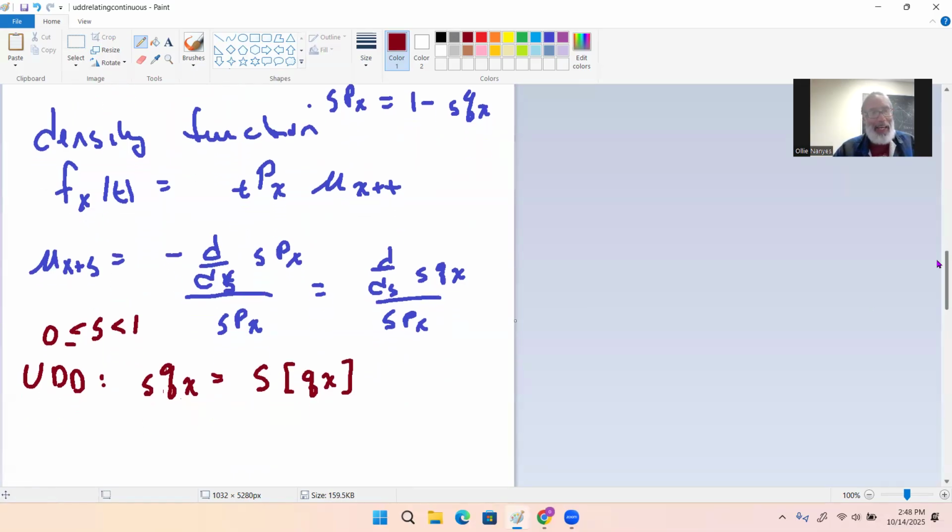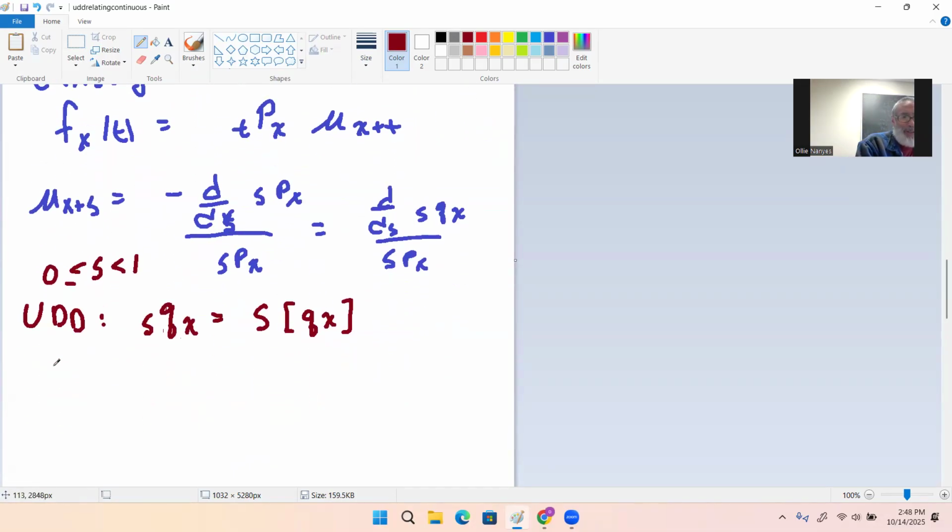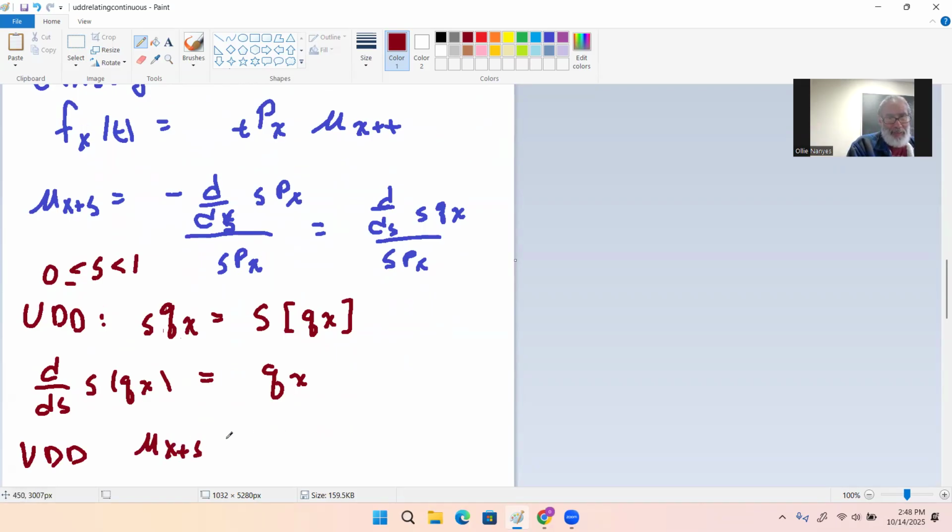So now, doing a little bit of calculus, all calculus students know that if you differentiate this with respect to s, s times qx, that's just going to be qx. The derivative of m times x is just m, nothing more than that. So under UDD, the mortality is going to be this divided by the survival.